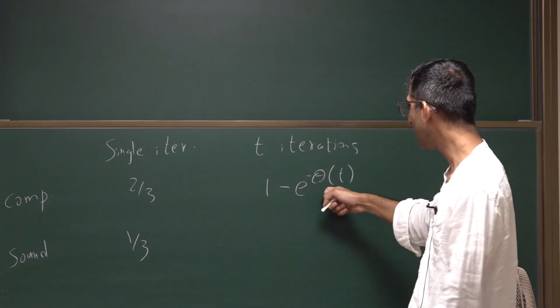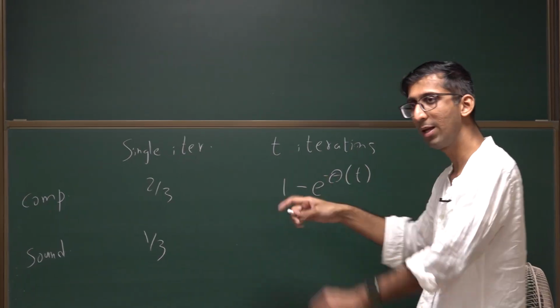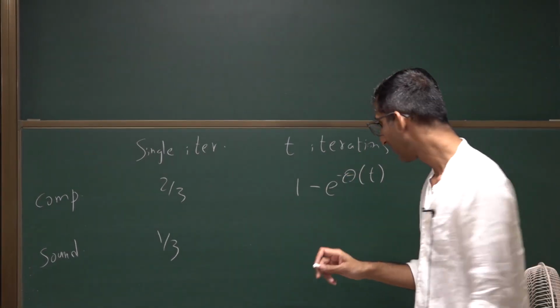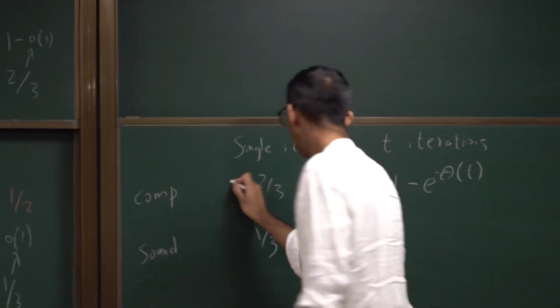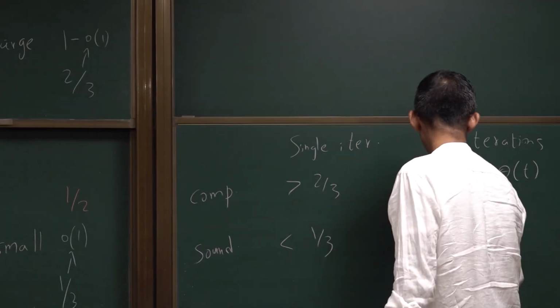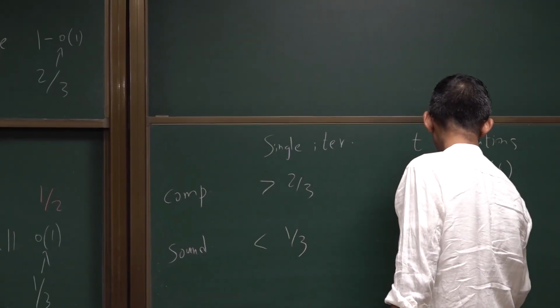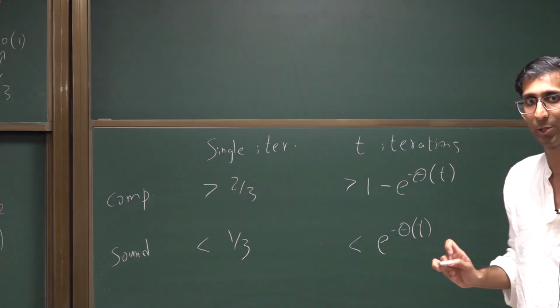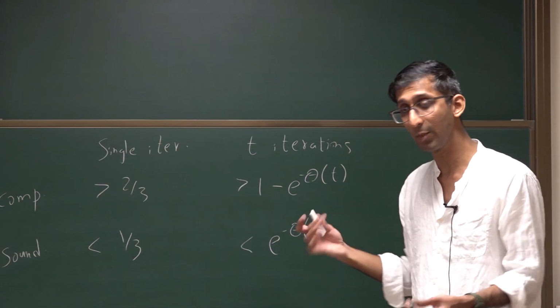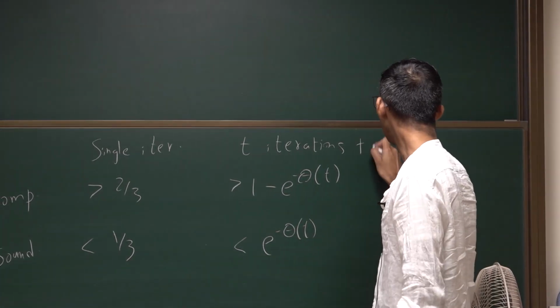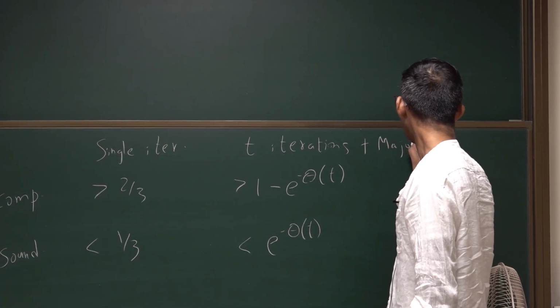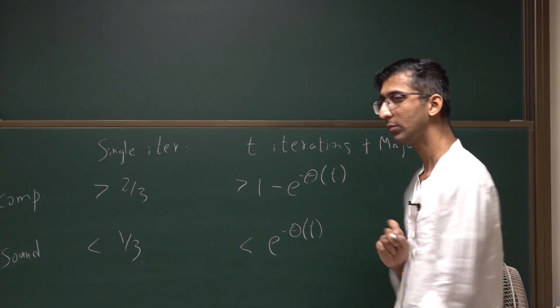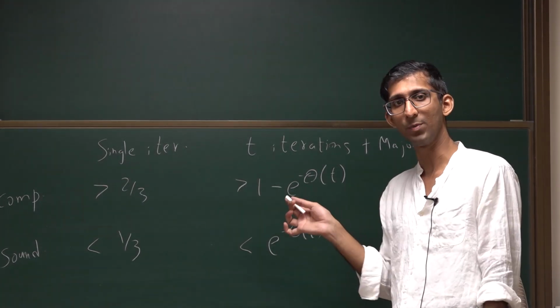Like there is some constant such that you can get 1 minus e to the minus that constant times t. And similarly, this probability that you will accept in this case also goes down exponentially. So you just have to repeat and take the majority. T iterations. Okay, that's how you amplify these proof systems.